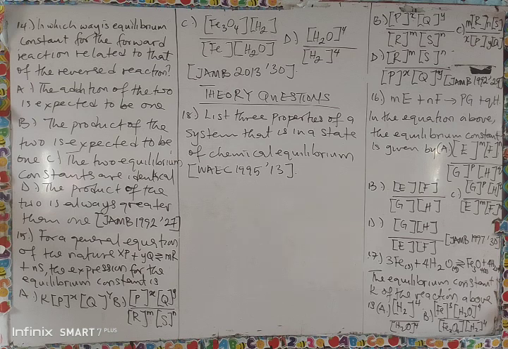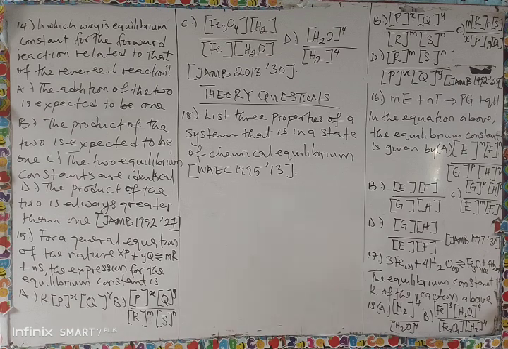When we're talking about Guldberg and Waage's postulate of the law of mass action, you remember? We say R1 equals R2, K1 equals K2. So the constants of both forward and backward reactions, called velocity constants, must be equal to each other. So what is the answer now? A, the addition of the two is expected to be 1.